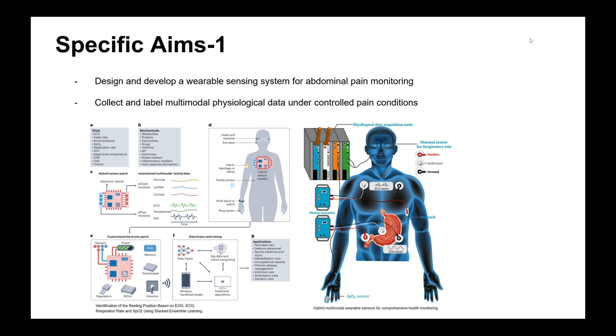We also plan to collect and label this multimodal data under controlled pain conditions. This will allow us to build a rich data set that enables the distinction between different types of pain based on physiological responses.